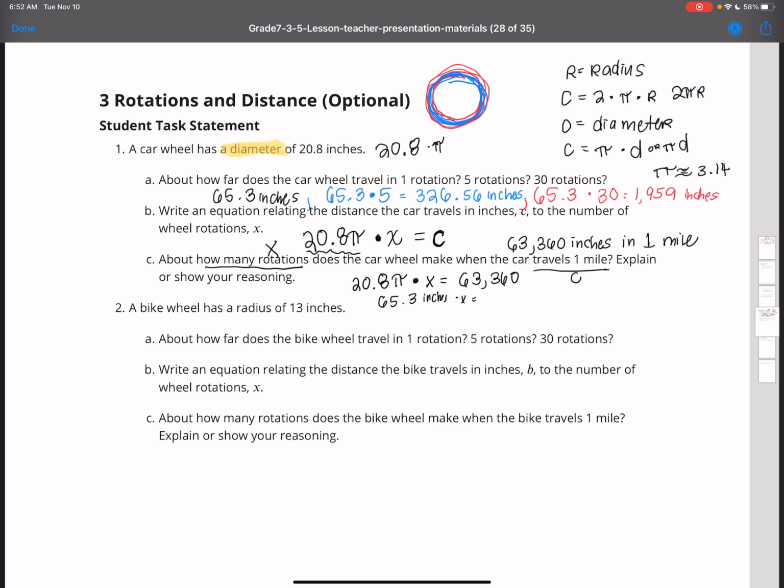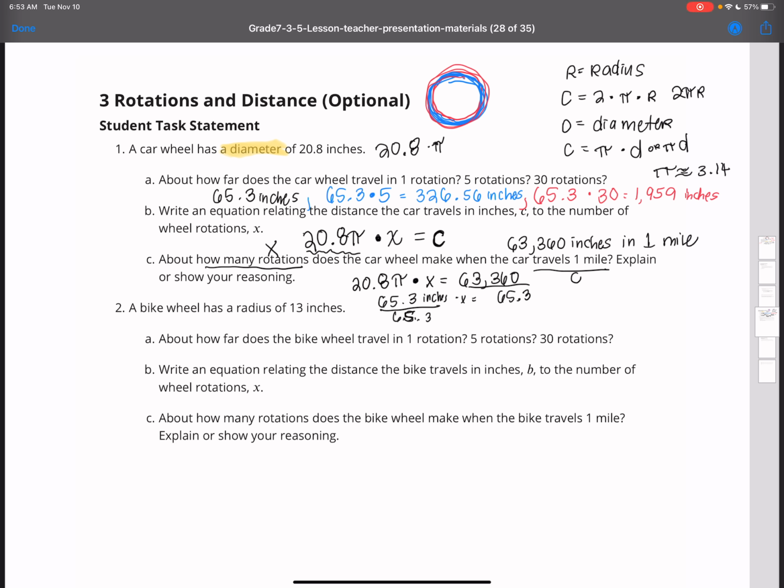In order to isolate the variable, we need to utilize the multiplicative inverse and divide both sides by that. Okay, so when I divide both sides by it, and you guys, I'm using the calculator. You guys can use a calculator at home. We are dealing with pretty big numbers today. So 360 divided by 65.3.